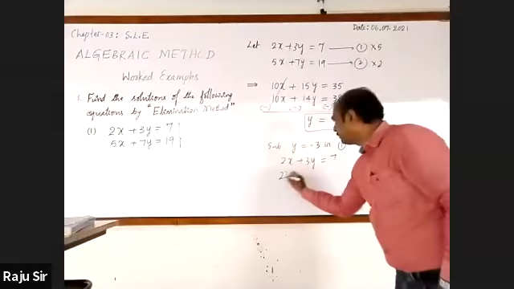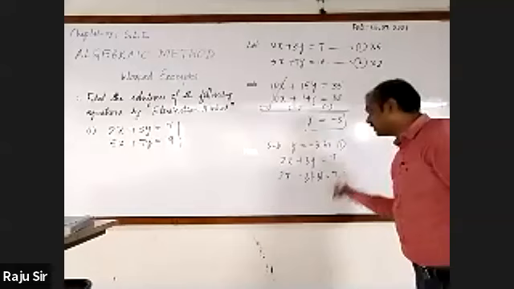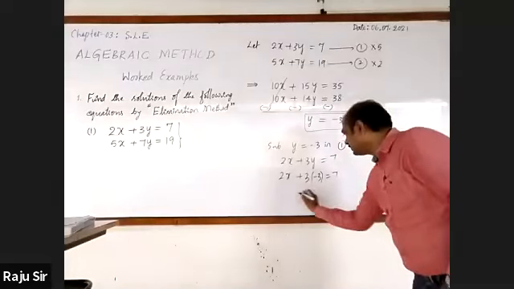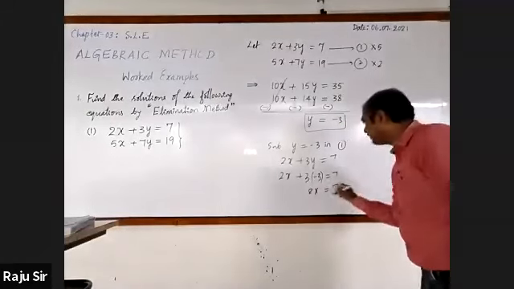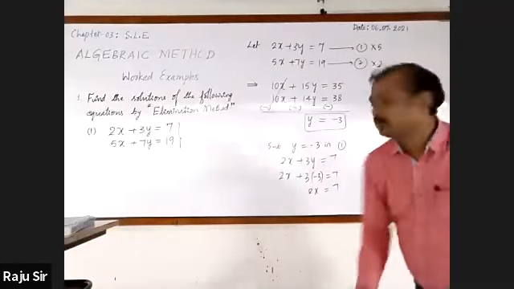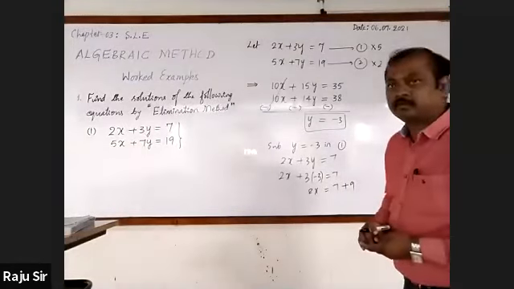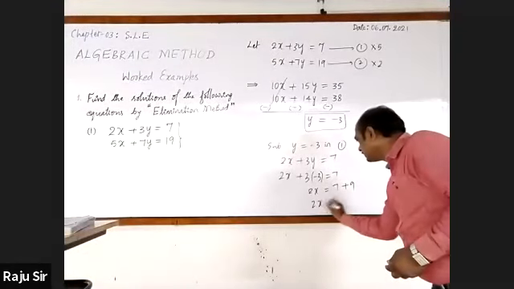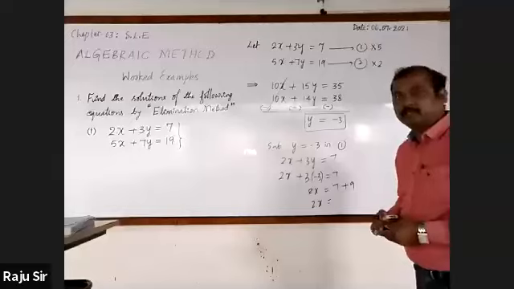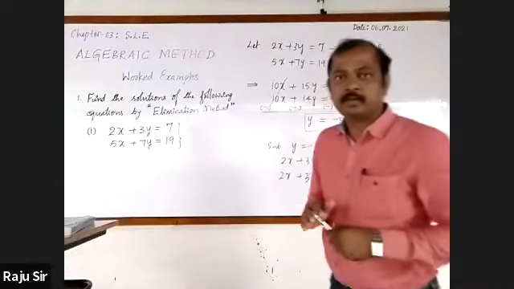Now let me write 2x as it is plus 3 into y, minus 3. This is equal to 7. Then it is 2x is equal to 7. 3 into minus 3 is minus 9. Transfer that to the right hand side. This is plus 9. So 2x, 9 plus 7 is 16. x equal to 8. Understood? Yes, sir.